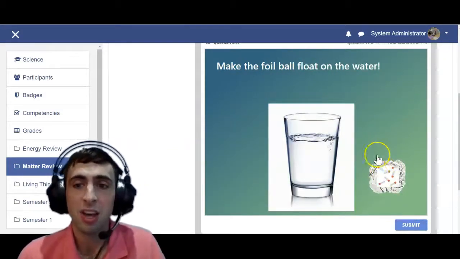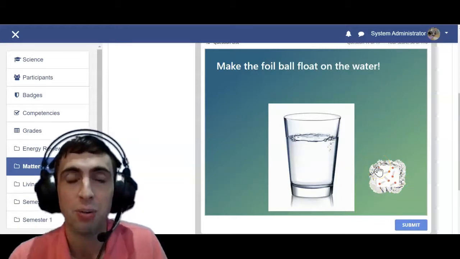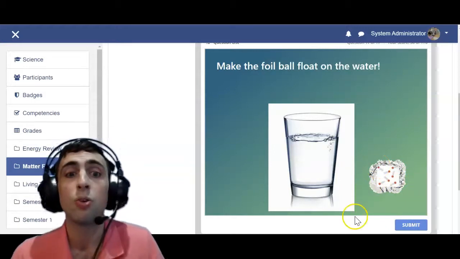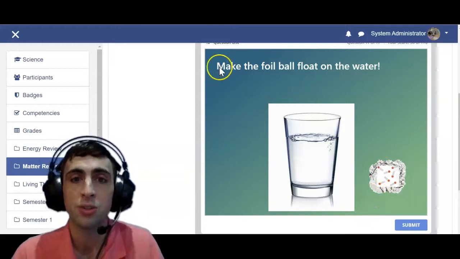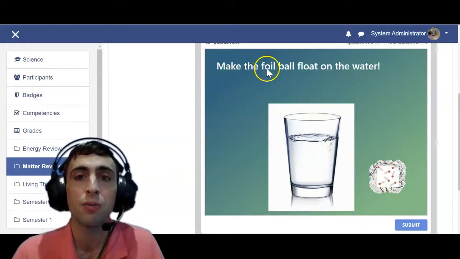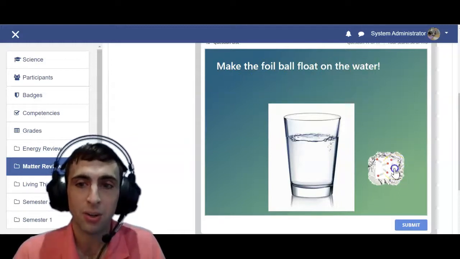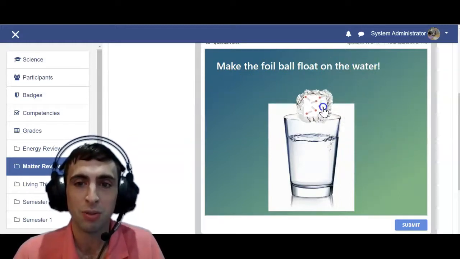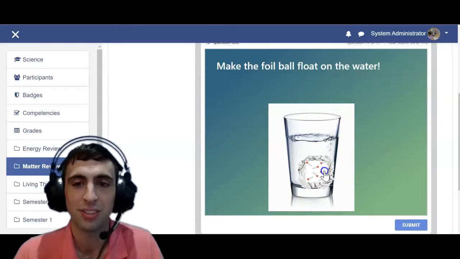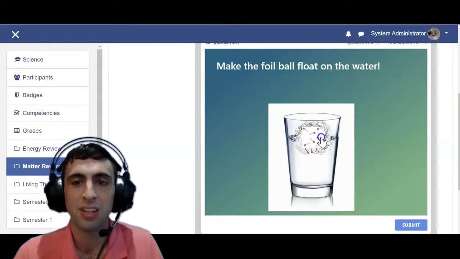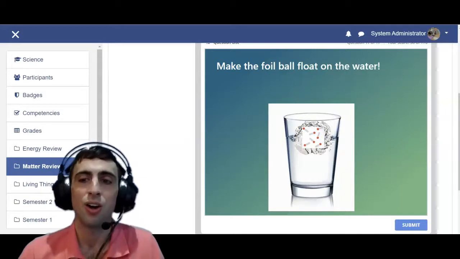Now we see our foil ball with the air particles inside will float on the water. It says, make the foil ball float on the water. Here is our foil ball. Is this floating? No. Let's put it right here. It's floating on the water.